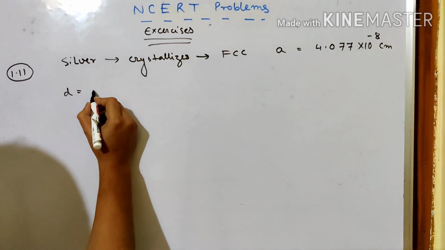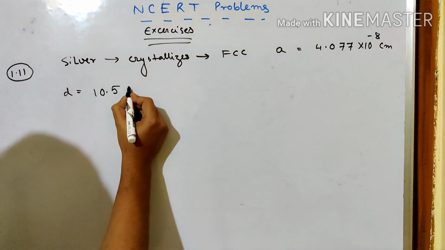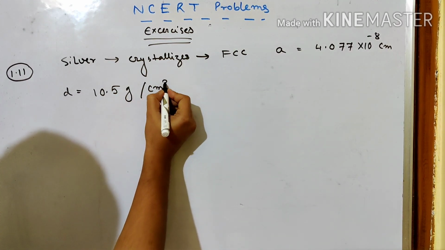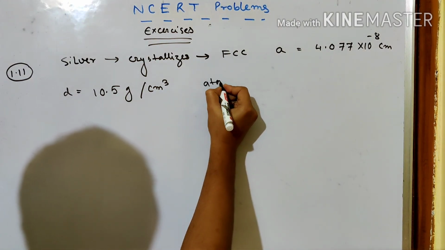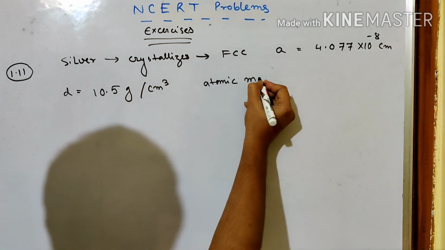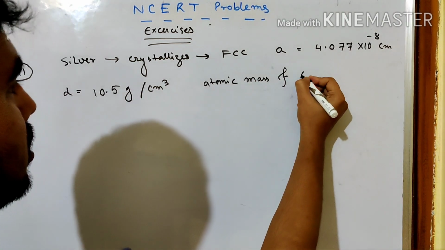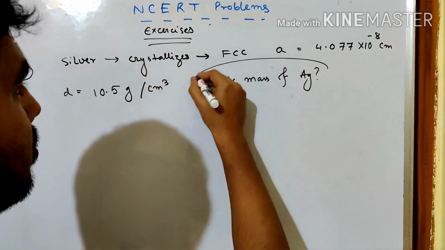Density is also given. It is 10.5 gram per centimeter cube. You can see the values are given in CGS. We have to calculate the atomic mass of silver. That is what we have to calculate.